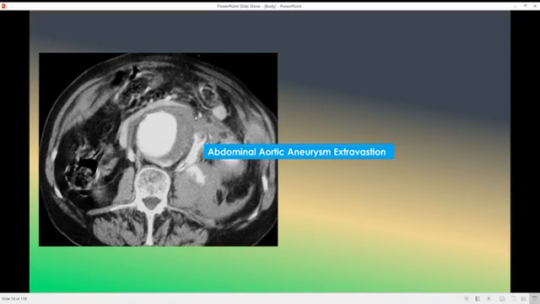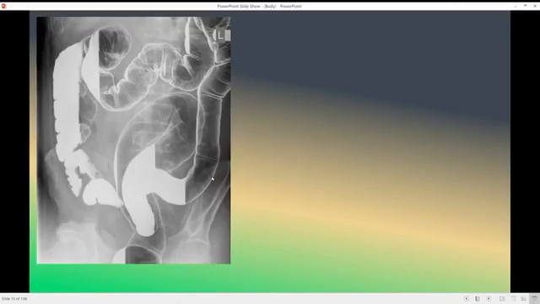This patient has a ruptured aortic aneurysm and active extravasation, as we see here. So this is the case, ruptured aortic aneurysm. We move to the next case.